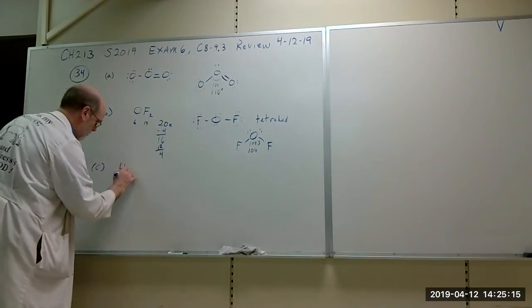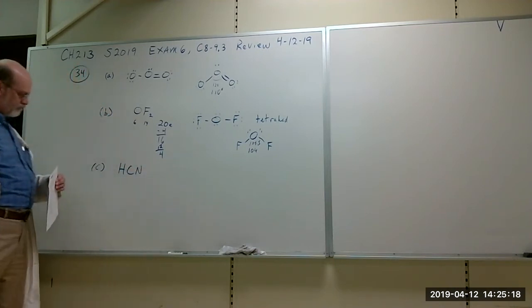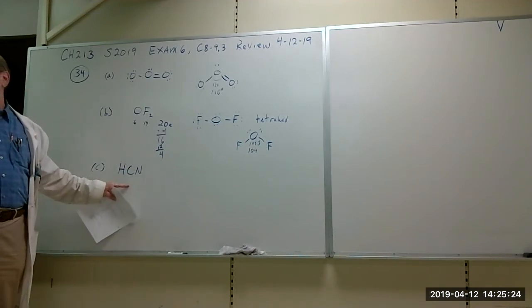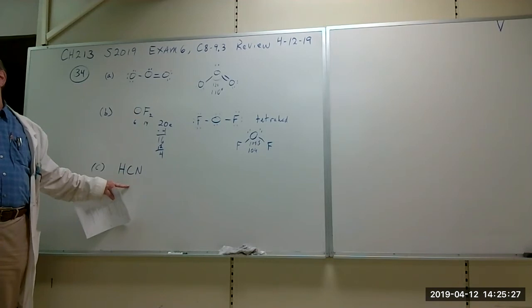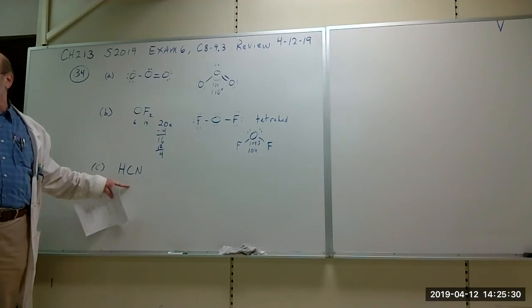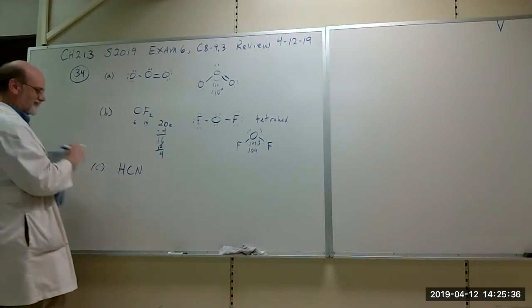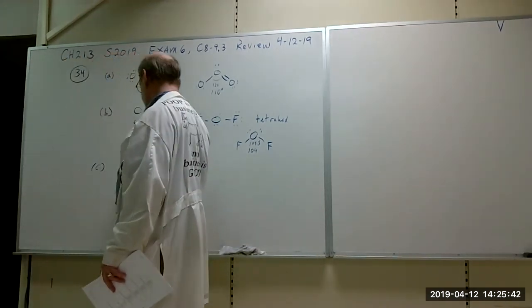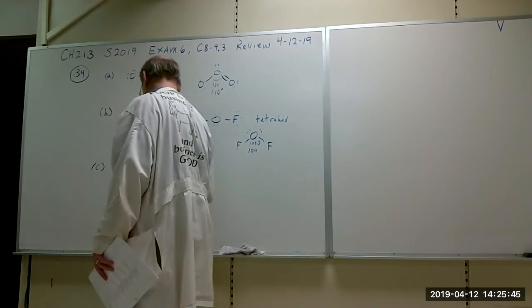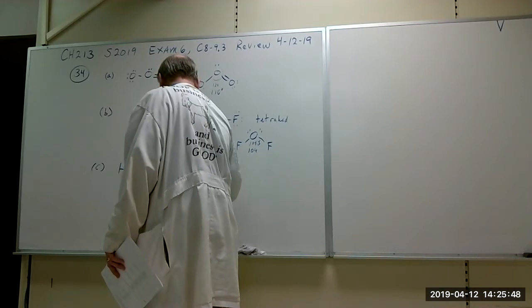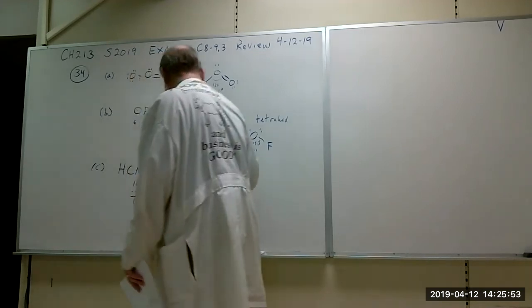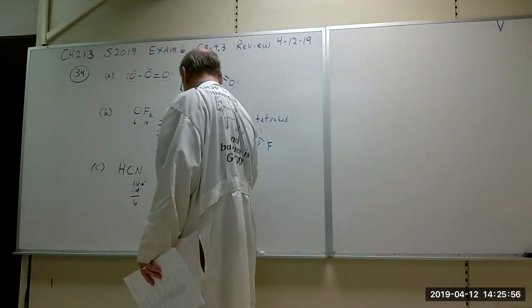HCN. What's that if it's a gas? Hydrogen cyanide. What if it's dissolved in water? Hydrocyanic acid. Just checking. Okay, so we're going to draw the structure. This is 1 plus 4 is 5, plus 5 is 10. So we have 2, 4, 6.